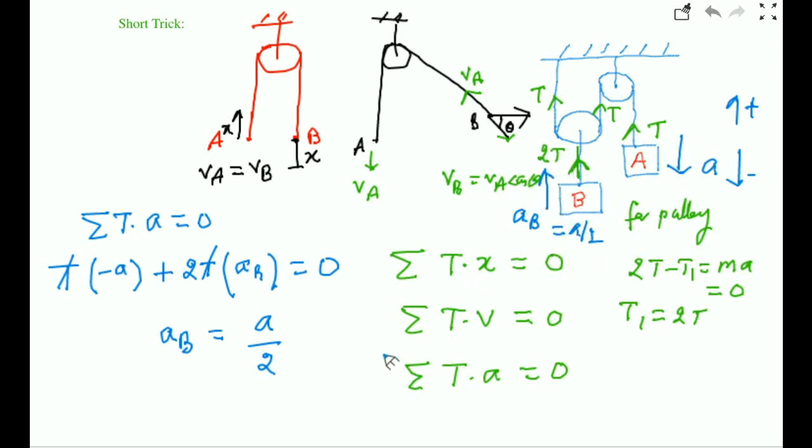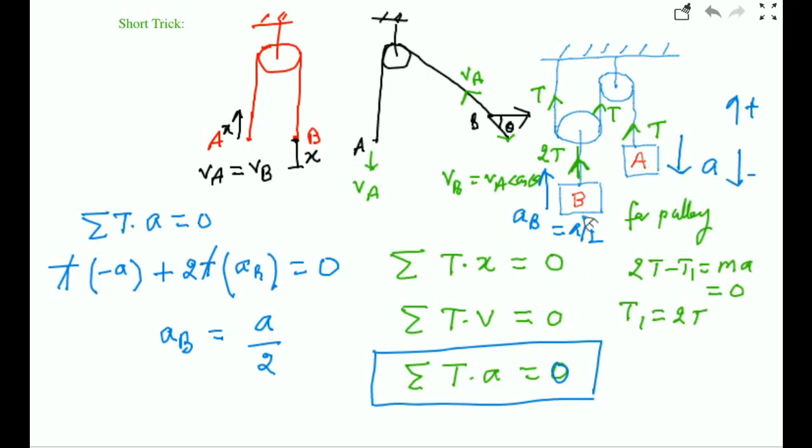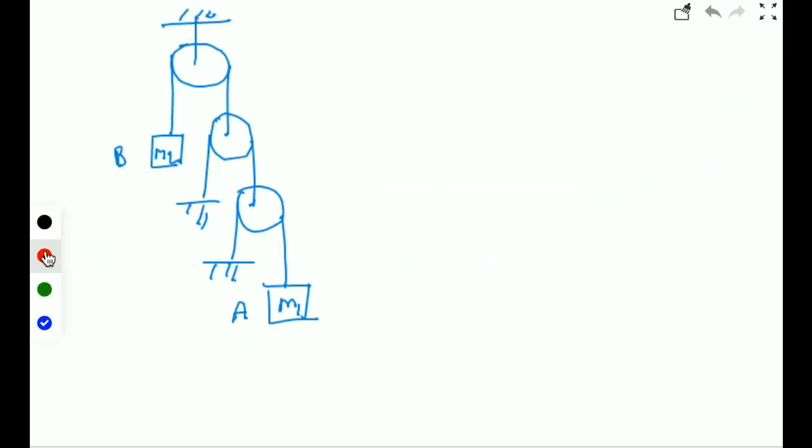So this equation, T into a equals 0, is very important to find the relation between the accelerations of masses. Let's see another one. Find the relation of acceleration between mass A and mass B. The first step is to draw the tension in the string. Suppose the tension is T, same string, so the tension will be exactly the same.